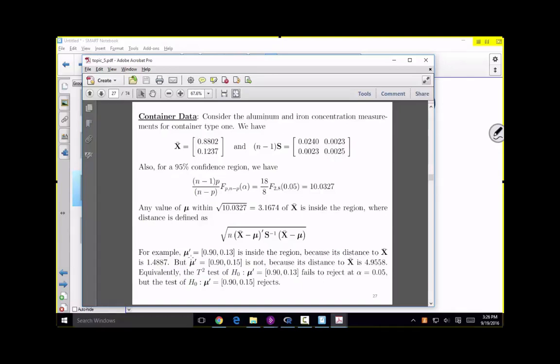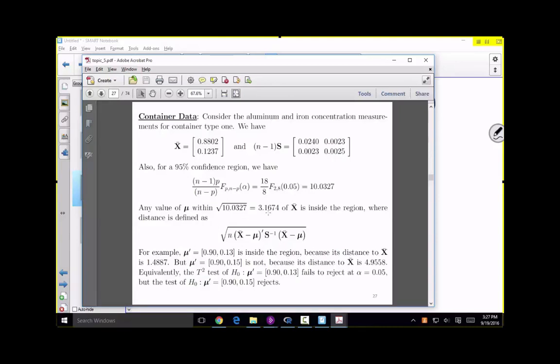For example, mu transpose equal to 0.9, 0.13. If you plug in 0.9, 0.13 into this calculation, we would have x bar right here, and capital S is defined here. If we plugged in this specific choice for mu, you would get a distance, this distance right here, the square root of all that mess inside, that comes out to be 1.4887.